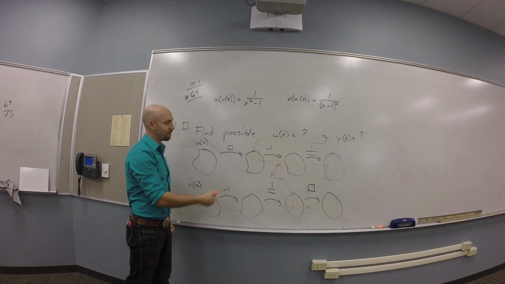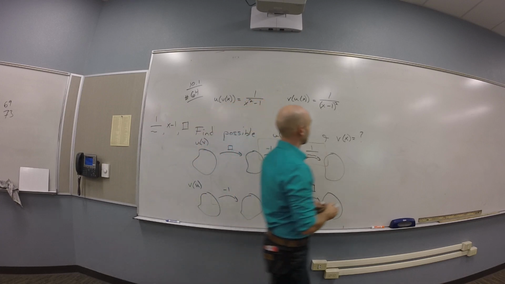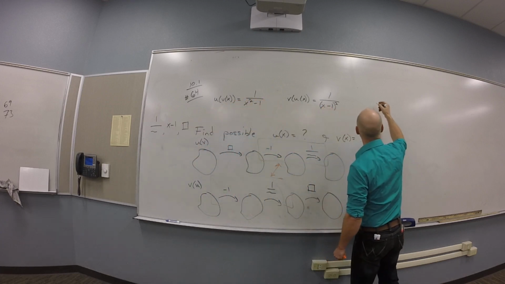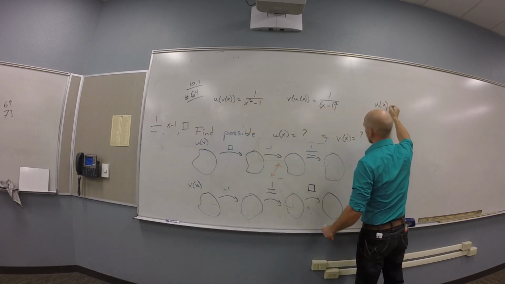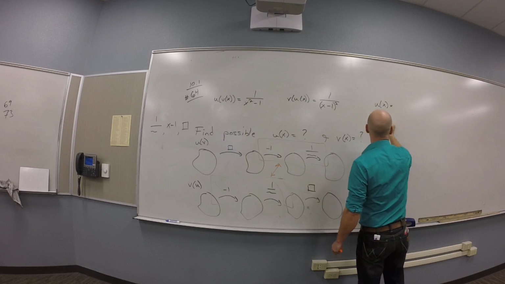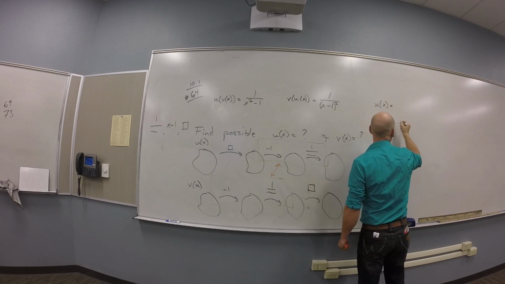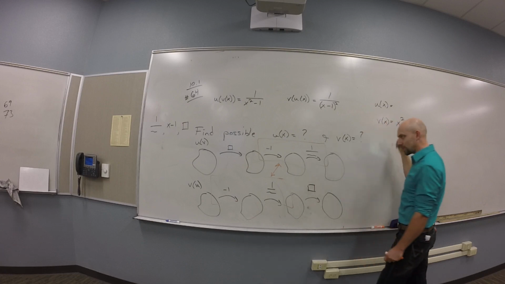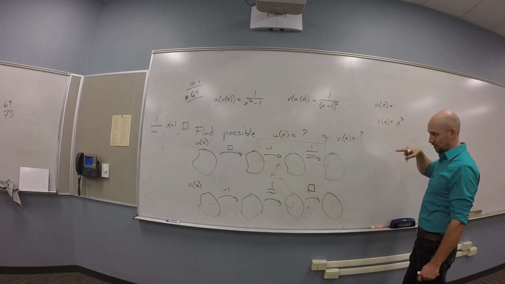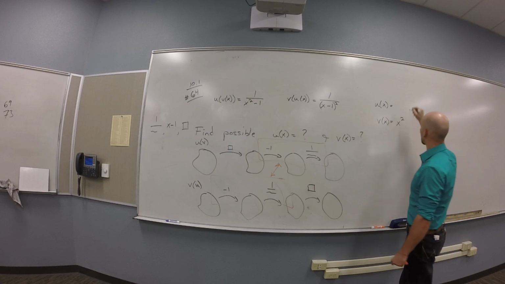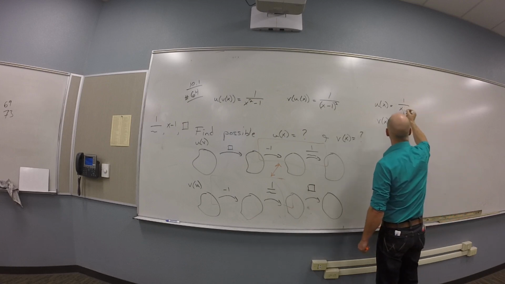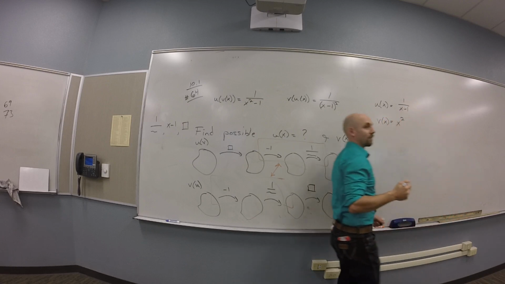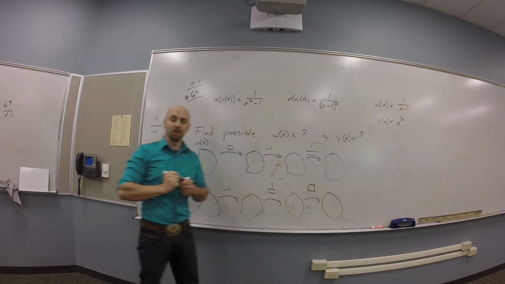And then what does that make v? Squaring. So if we call u of x something, v of x is squaring, so that's just x squared. And then what's u? 1 over x minus 1. You guys with that? Mm-hmm.